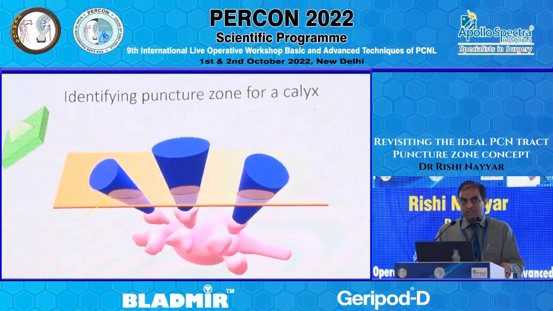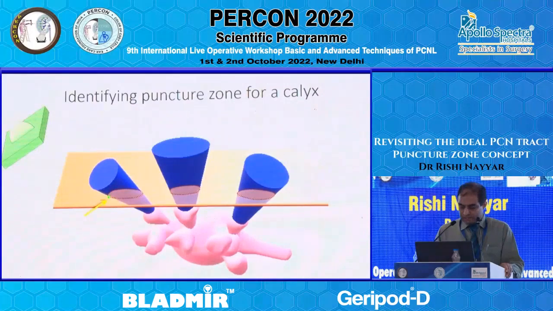To improve on this arbitrariness of choosing a ring, we now do it a little differently, over the last 2-3 years. On the fluoroscopy itself, we mark the edges of this puncture zone, keeping the fluoroscopy a little aligned. The edge of the calyx is marked with a bullseye technique.